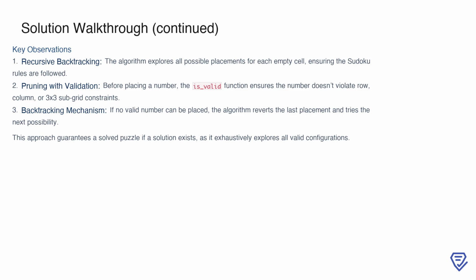Finally, the backtracking mechanism allows the algorithm to recover from dead ends by undoing placements and trying alternative numbers. This method guarantees that if a solution exists, it will be found, as the algorithm exhaustively explores all valid configurations. Overall, this approach combines systematic exploration with efficient pruning to solve Sudoku puzzles effectively.